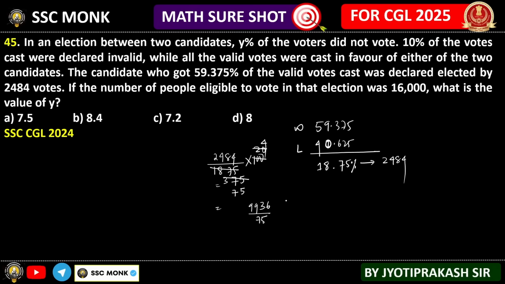Clear? So if I solve it, 9936 divided by 75: 75 ones are 75, 75 fours are 300. So this will be 75 3s, 3 5s are 15, 3 7s are 21 plus 1, 22, that is equal to 186.